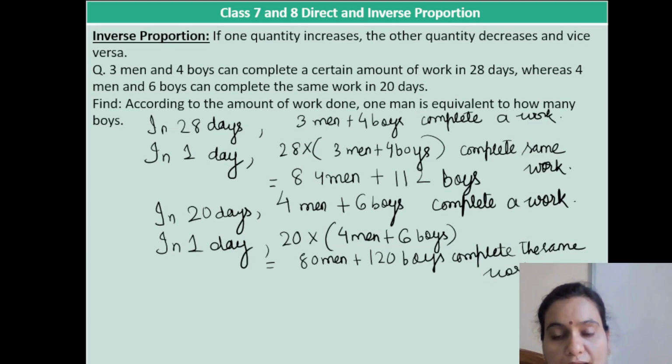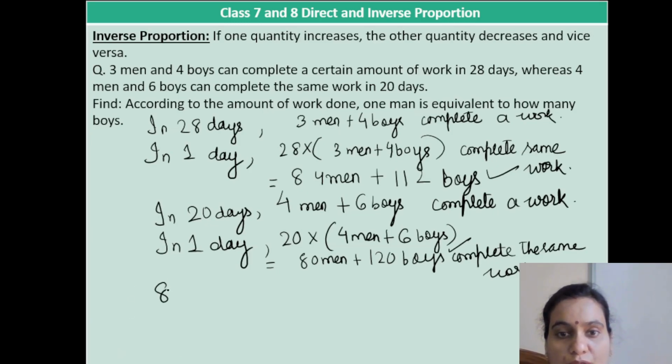So now can I not equate? I have found in one day how many people will be required to complete the same work. Now can I not equate this number of men and boys with that number?